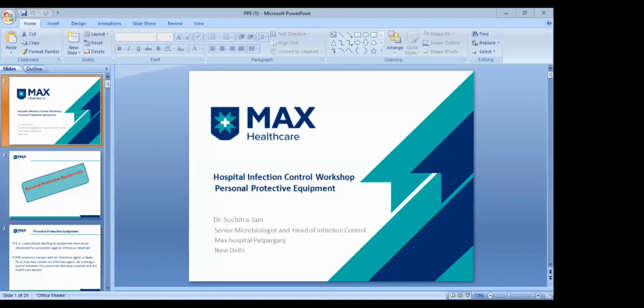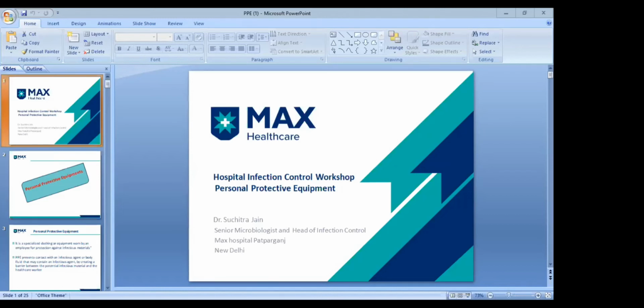In addition, she is Infection Control Officer at Max Super Specialty Hospital, Patparganj, Noida, and Greater Noida. She has done her MBBS and MD from Jawaharlal Nehru Medical College, Aligarh, and has also worked as faculty in the Sri Aurobindo Institute of Medical Sciences as Associate Professor, Indore.